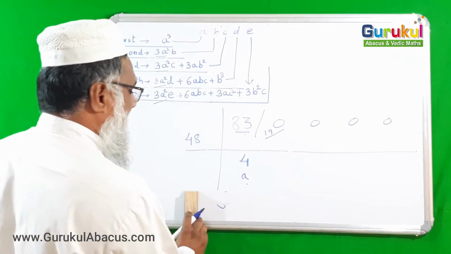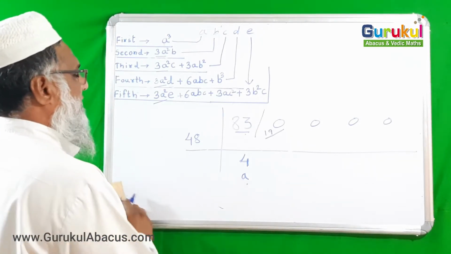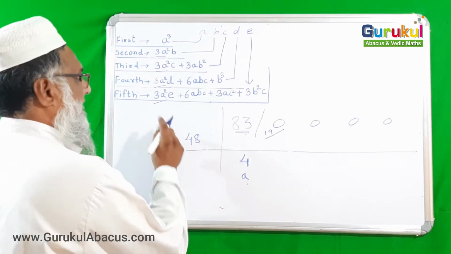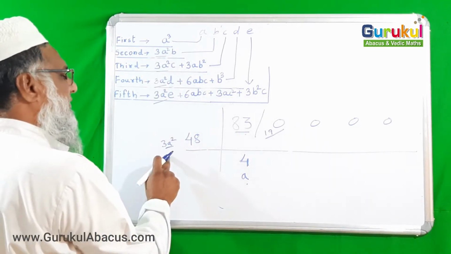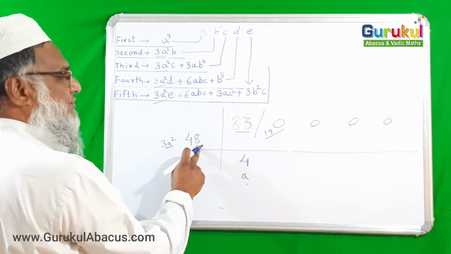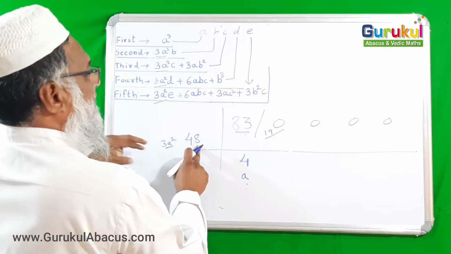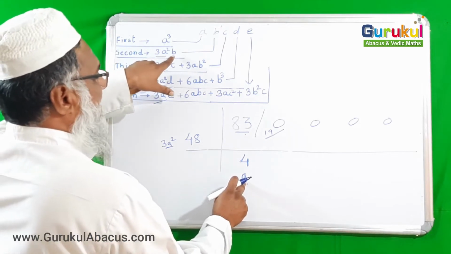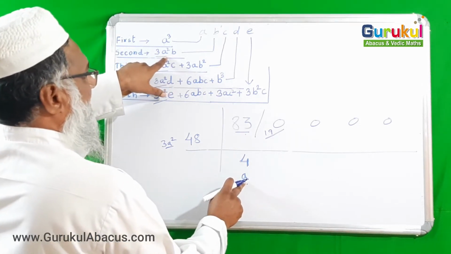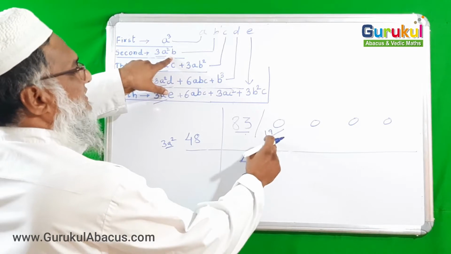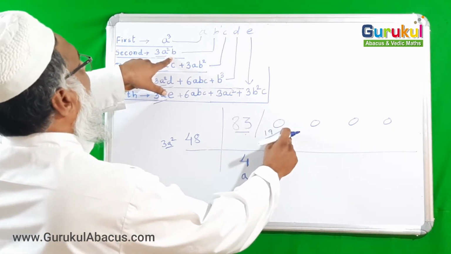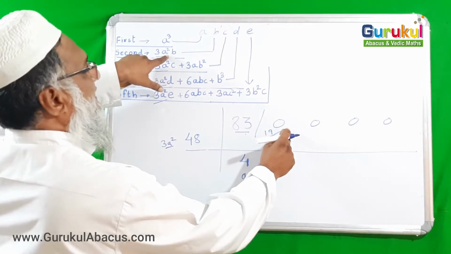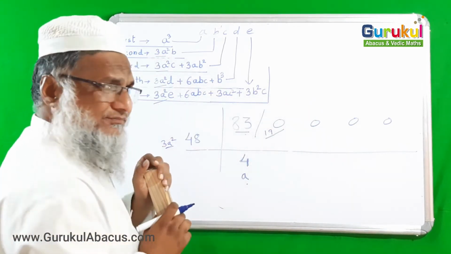Keep in mind this is our 3a square. In each term there is 3a square. Now we found a, so it's turn to find b. Think about b: if I divide this value by 3a square, I can get b.